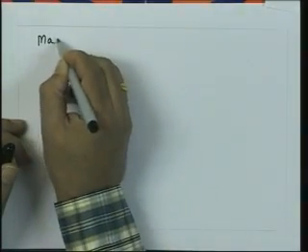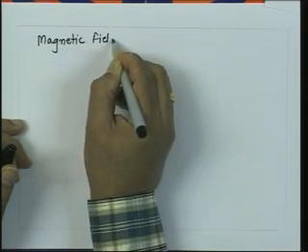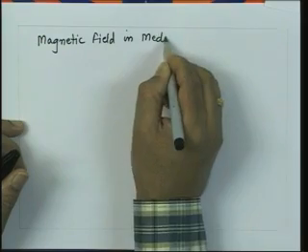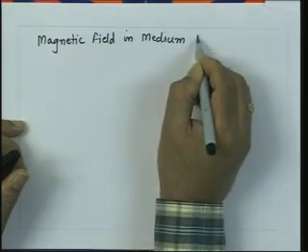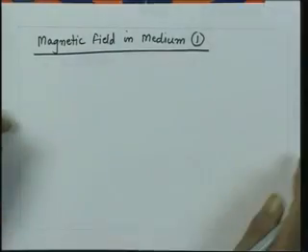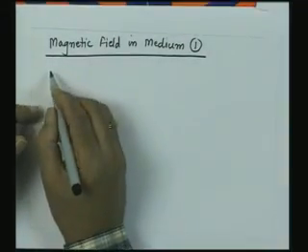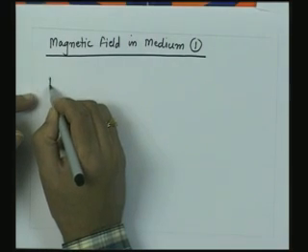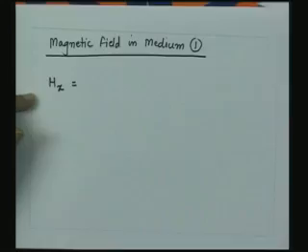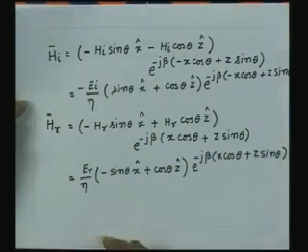So, we get here magnetic fields in medium 1, and let us take two components of the magnetic fields. So, I take the x component. So, I get H of x, that is the sum of these two components here.